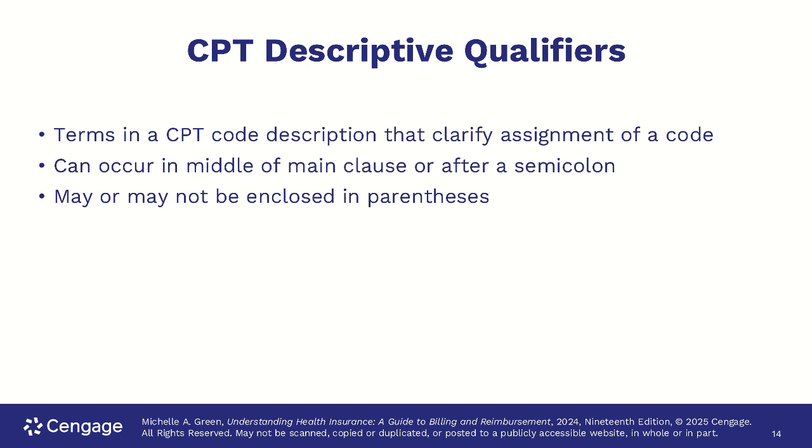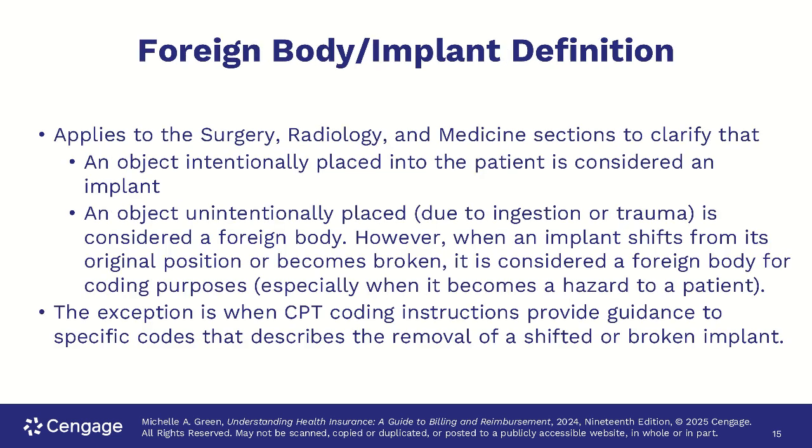So 17000 is actually the first lesion, and then that's the descriptive qualifier, and then 17003 is actually the code that says second through 14 lesions each, right? Second through 14 lesions each. And I commonly see providers reporting the code that says second through 14 lesions, but they did not report the code for the first lesion.